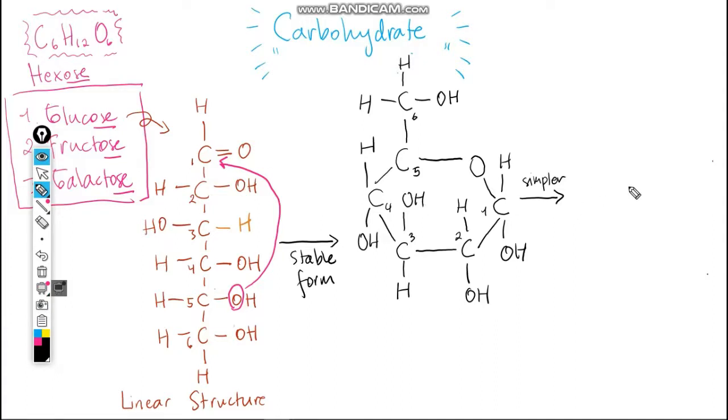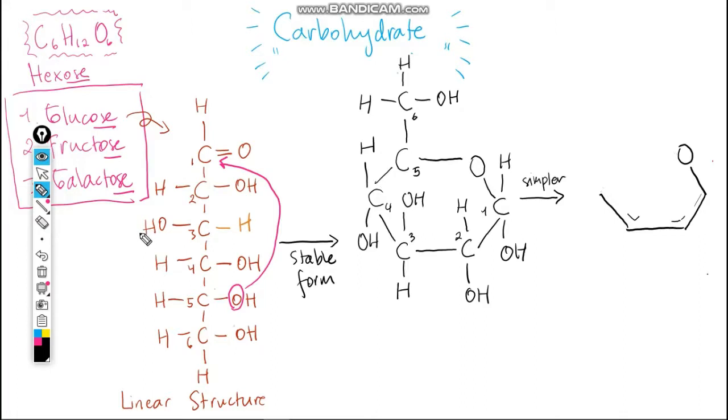For the simpler version, we start drawing from the oxygen here, and we don't need to draw the C letter here. We continue here, and then go here, and then here. Every corner in this structure represents a carbon. So this corner, second corner, like that.